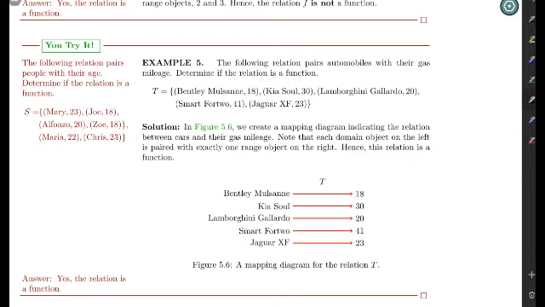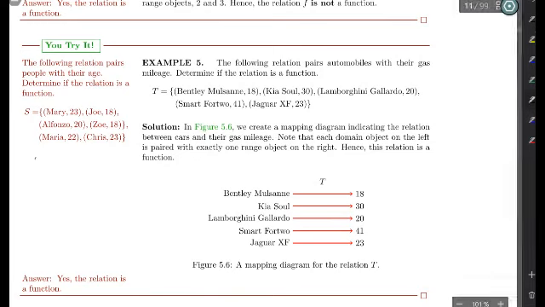Similar spellings, but we have distinct names. And each of those names is paired up with a number. So, function.